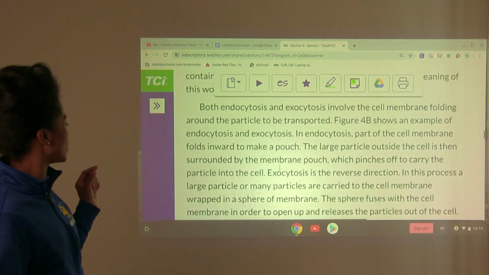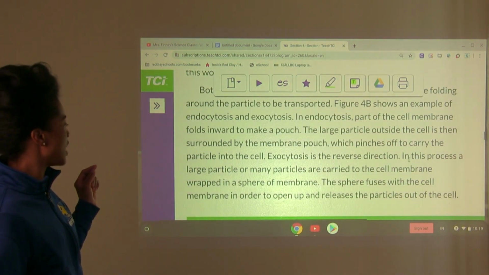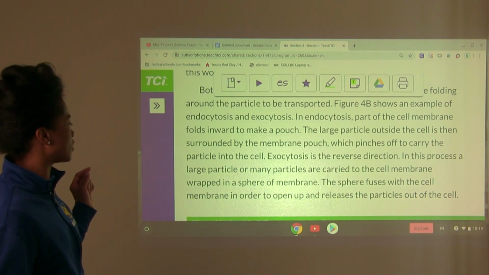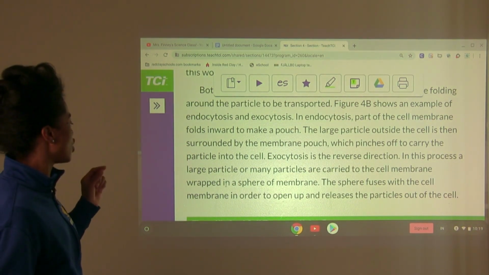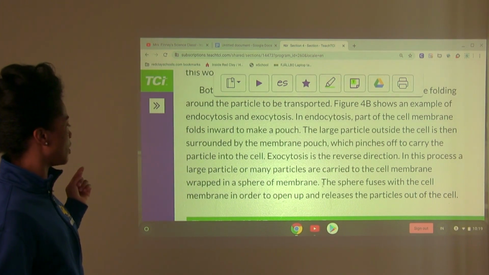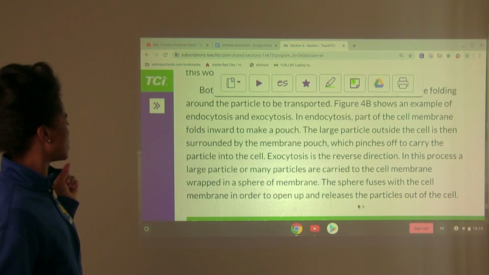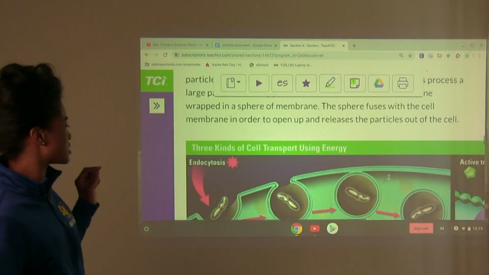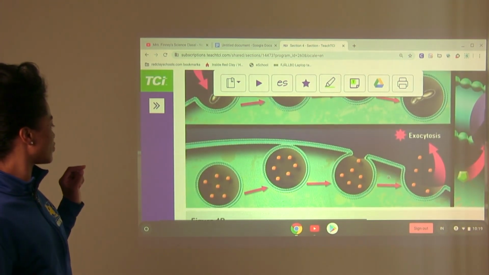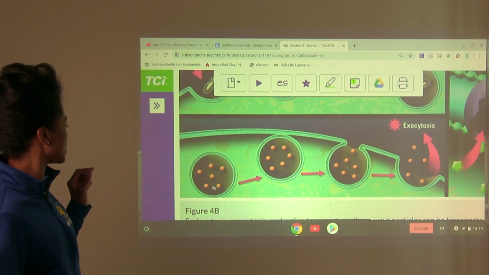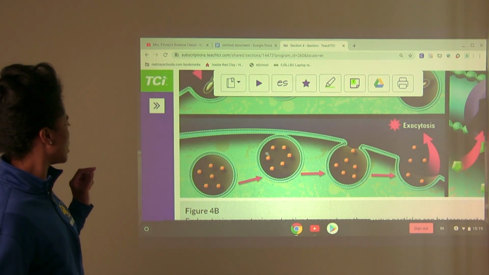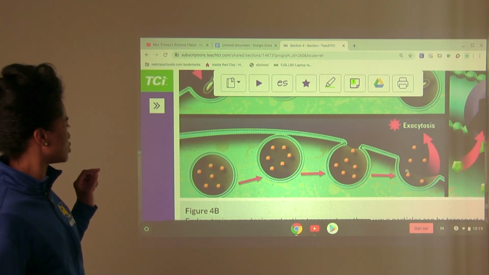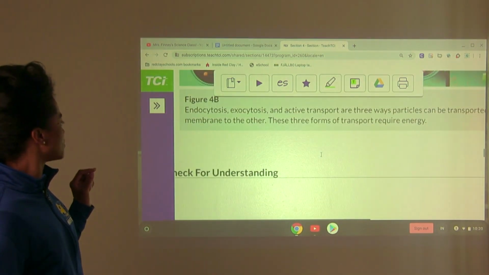Okay, and then we have exocytosis, which is the reverse. In this process, a large particle or many particles are carried to the cell membrane, wrapped in a sphere of membrane. The sphere fuses with the cell membrane in order to open up and release the particles out of the cell. All right, so here we go. Exocytosis, here's the cell, here are the particles, here's the opening, and exocytosis will release the particles outside of the cell.